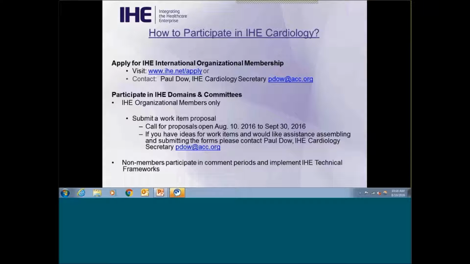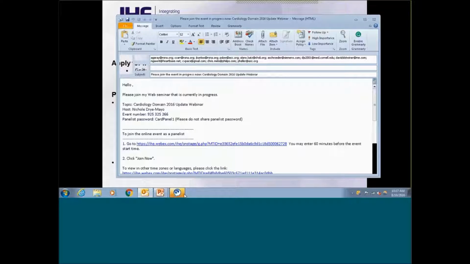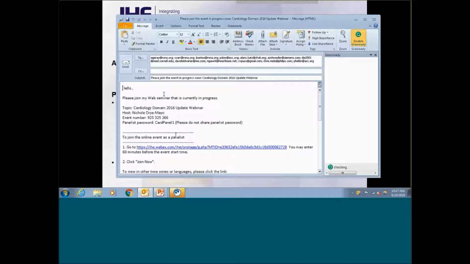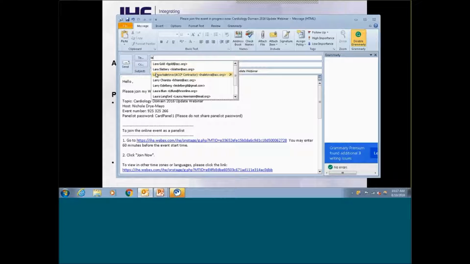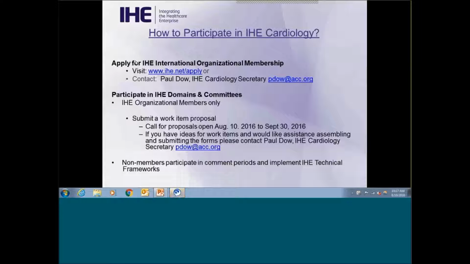Also, if you can't join, please submit a work item proposal. The calls for proposals open on August 10th of this year and conclude on September 30th. If you have an idea for work items and would like assistance assembling and submitting the forms, please contact Paul. Non-members also participate in the comment periods and implement the IHE technical framework. So there's a way for everyone to participate. Next slide, please.